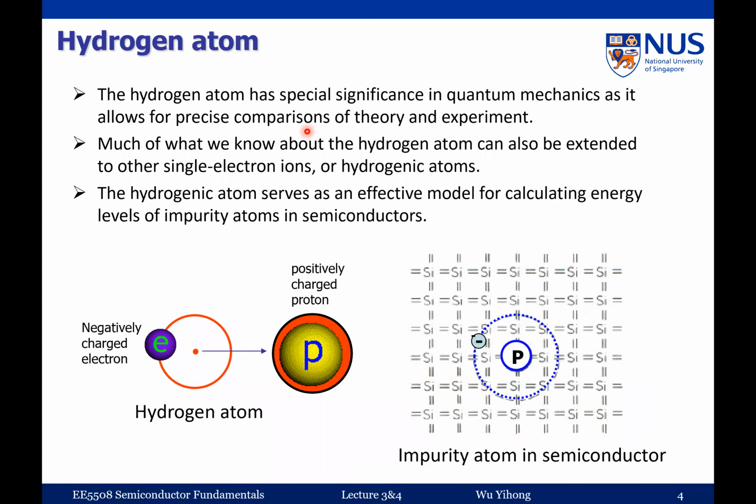This means that for many of the experimental observations inside this hydrogen atom, we can use quantum mechanics to describe it. And of course, with this hydrogen atom, we can also extend the same concept to atoms with multiple electrons. But this hydrogen atom is especially useful and important for studying semiconductor physics.